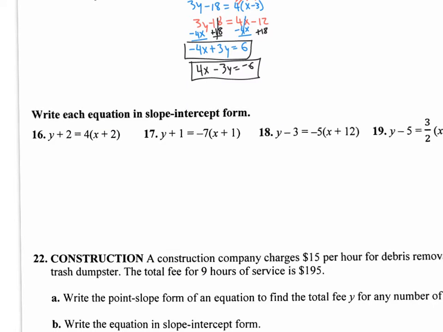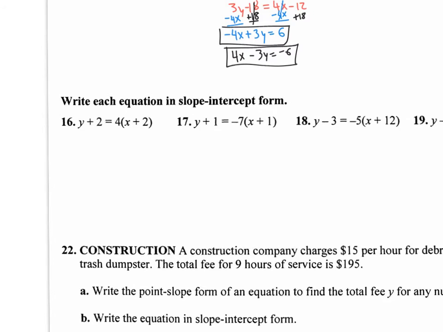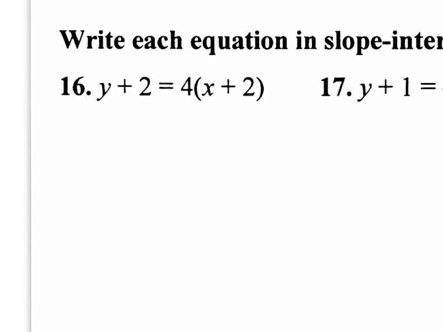The part of this worksheet, it says write each equation in slope-intercept form. Like number 16, that's obviously in point-slope form, but you want to change it to slope-intercept. So we're going to have to get rid of the parentheses by distributing. You'll have 4x plus 8 equals, let's bring down the rest, y plus 2. And slope-intercept form has y by itself, so let's get rid of that 2, subtract 2.